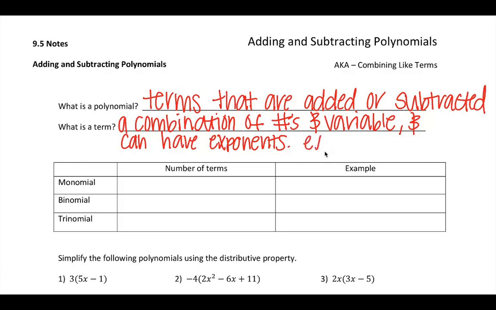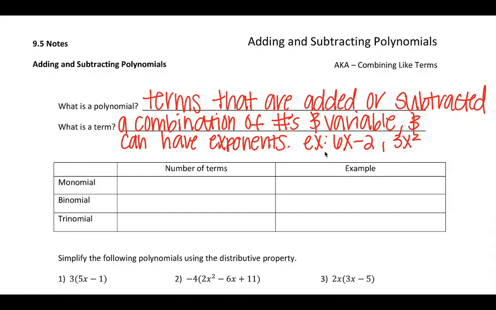Examples might be 6x minus 2. 6x would be a term. 2 would be a term. 3x squared is a term. Okay, so there could be exponents involved. You could raise things to the different powers.